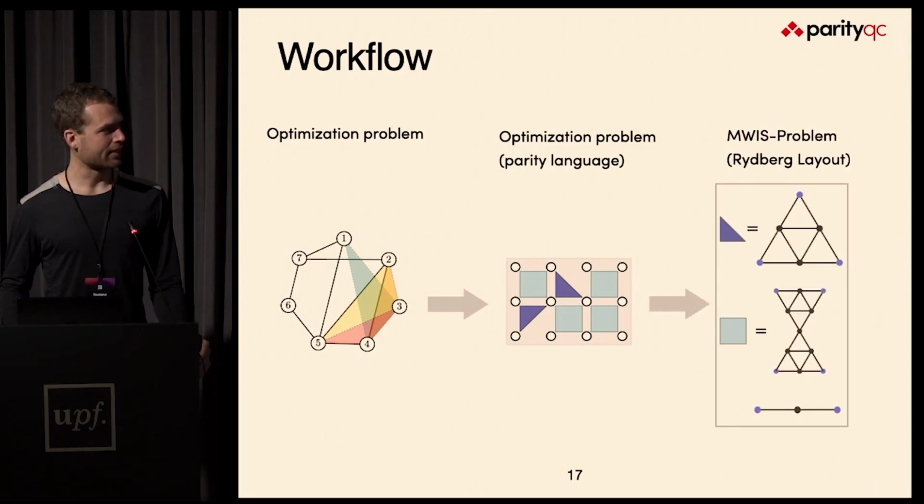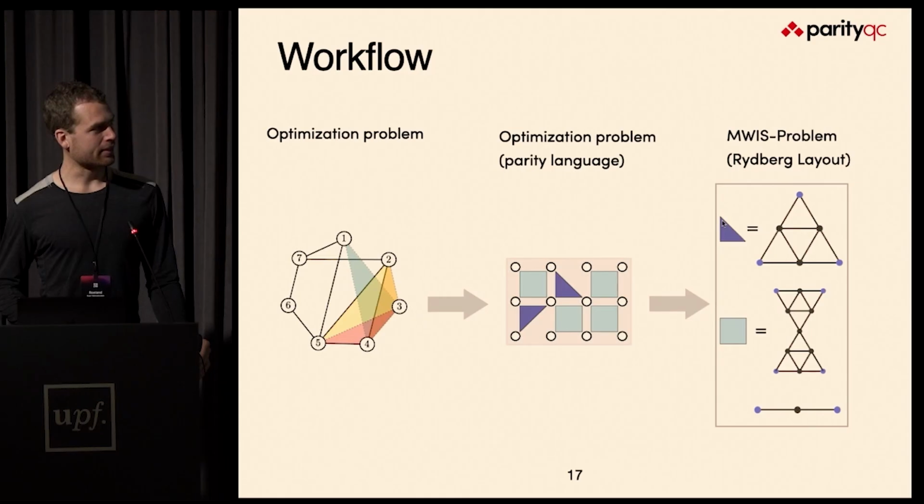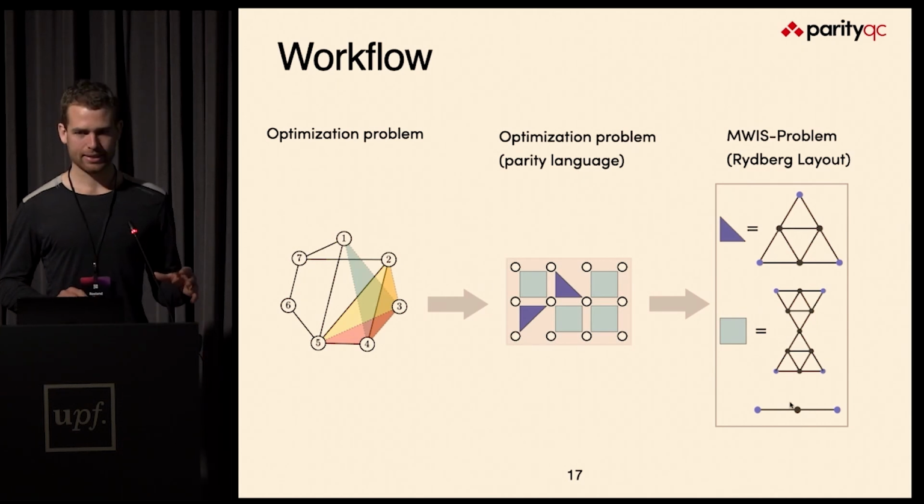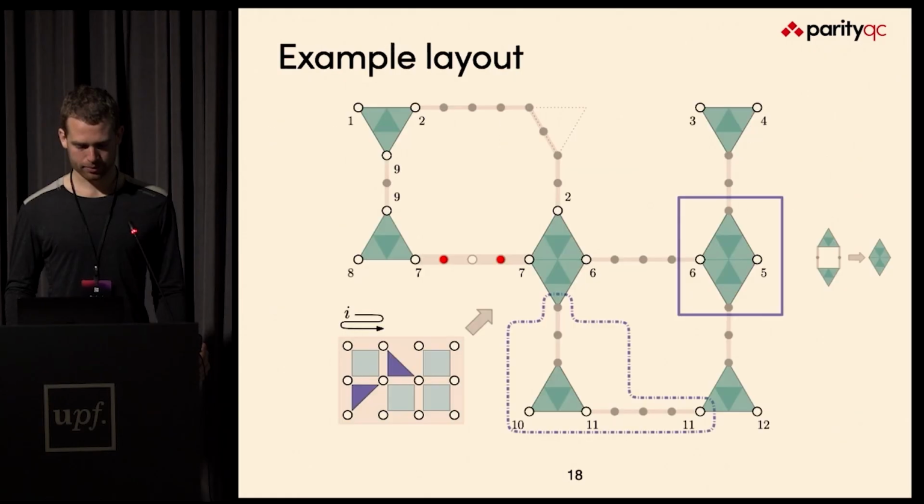Basically, like we've seen, the triangle you can convert to this 3-body clause, the 3-body gadget, and the square you can convert to this gadget that we've also seen. And then you have these links which you can use to connect all these triangles and squares.